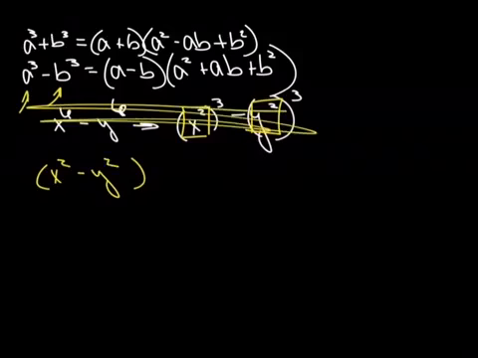Get rid of all this. And what does it say? It says I'm going to take my first term, which is an x squared, and I'm going to square it, plus both of my terms multiplied.